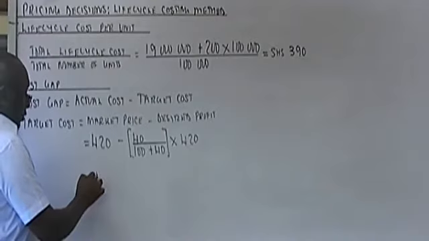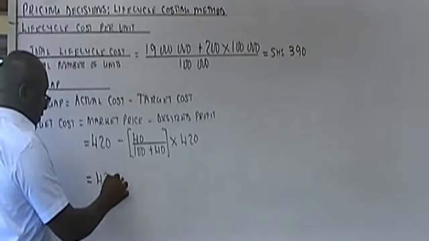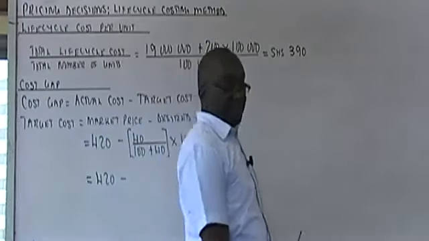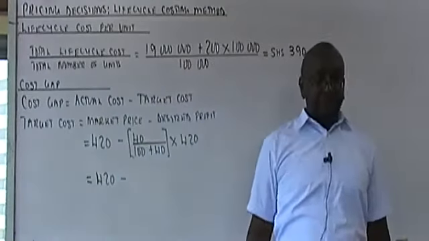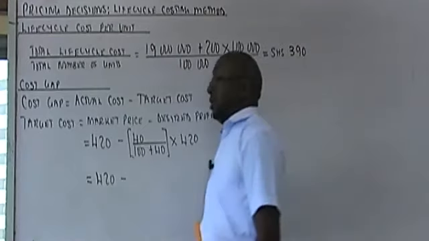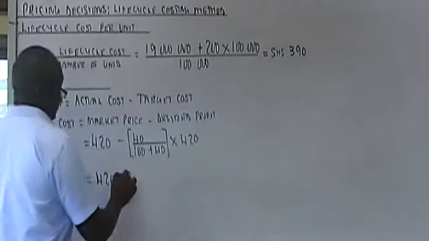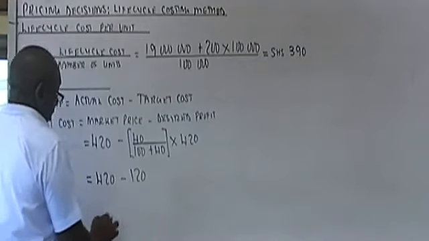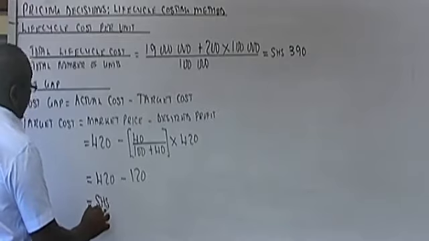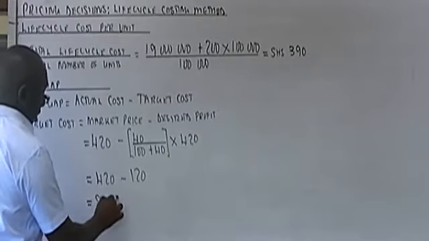So I want you to give me the profit first. 120. So this one now means that our target cost is shillings 300.